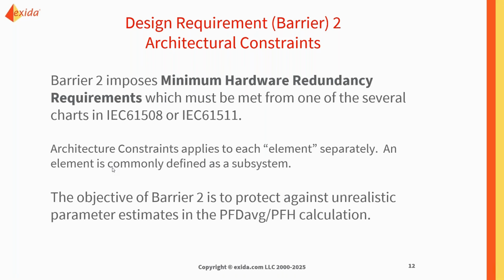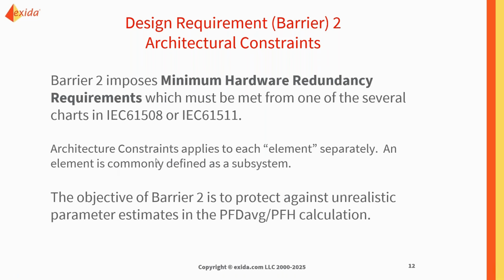And an element is commonly defined as a subsystem. So sensor would be an element. The purpose of meeting this requirement is to protect against any unrealistic parameter estimates in the PFDavg or PFH calculation. Remember, we have those 9 variables that we need to be able to meet.